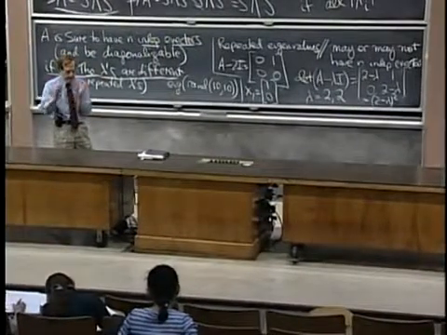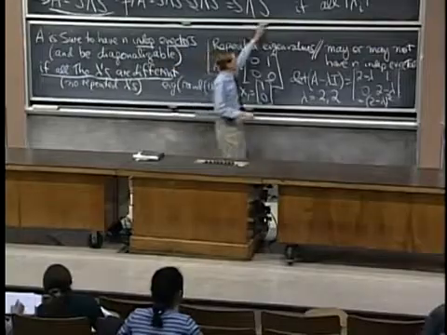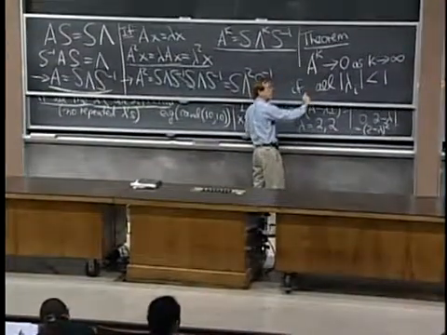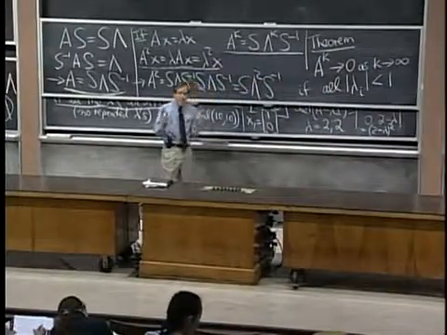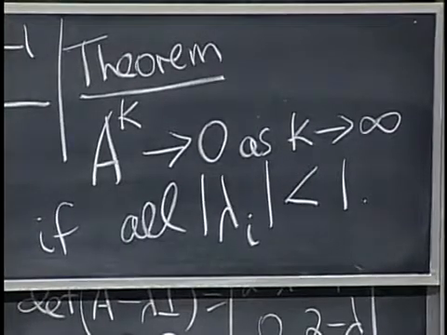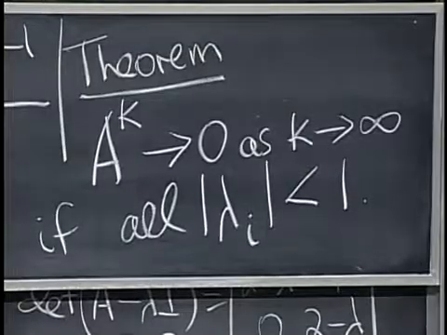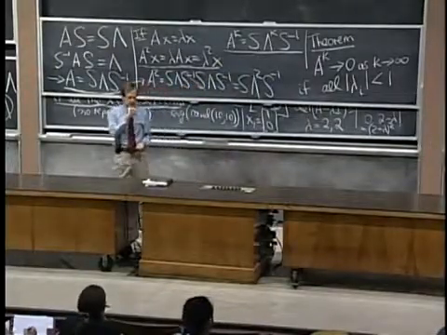That's a case that I'm not really handling. For example, when I wrote down up here that the powers went to 0 if the eigenvalues were below 1, I didn't really handle that case of repeated eigenvalues, because my reasoning was based on this formula, and this formula is based on n independent eigenvectors.